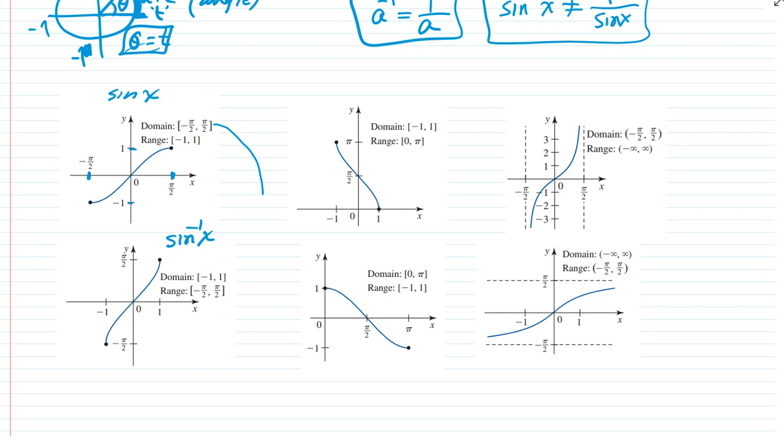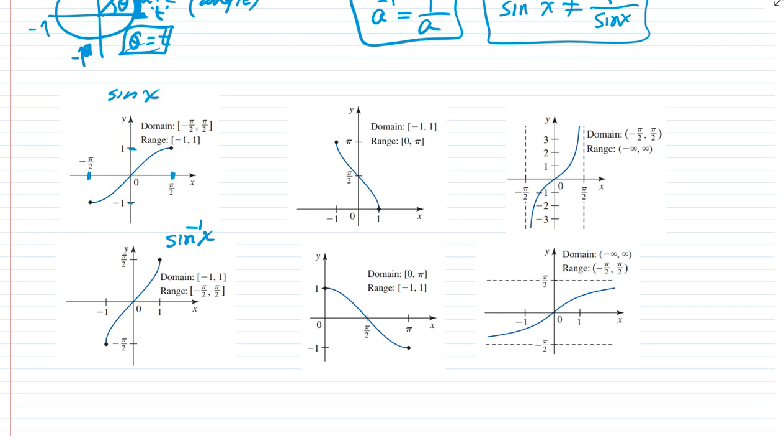The domain of the function becomes the range of the inverse, and the range of the function becomes the domain of the inverse. So we simply swap those, and then the graph is going to look like so. In a moment, I'll display how we can graph these using the fact that the graph of a function and its inverse are symmetric with respect to this line, right? We'll do that in just a few minutes, but this is kind of how the graph of the inverse is going to be.